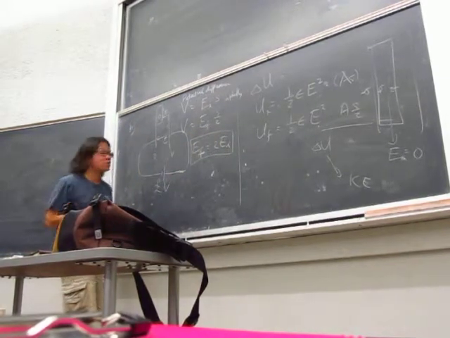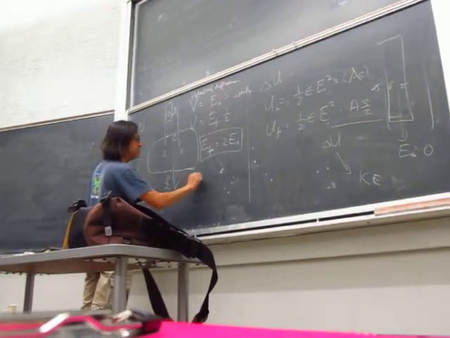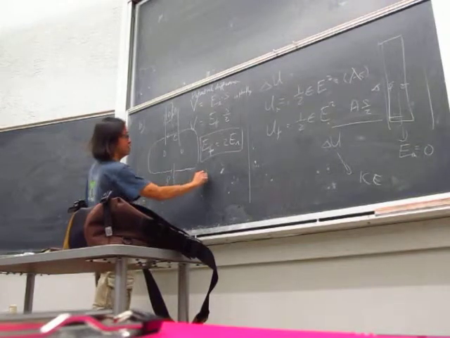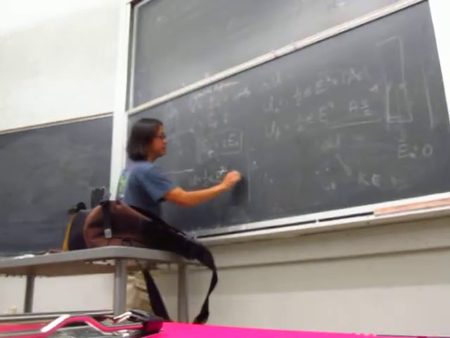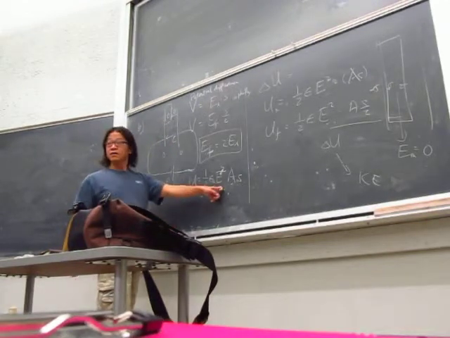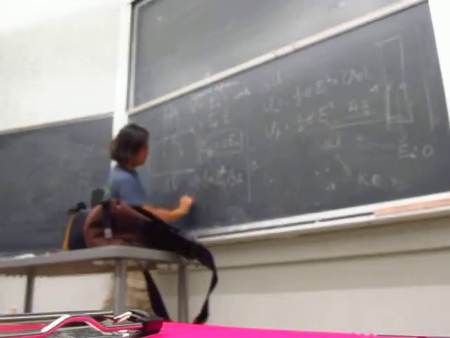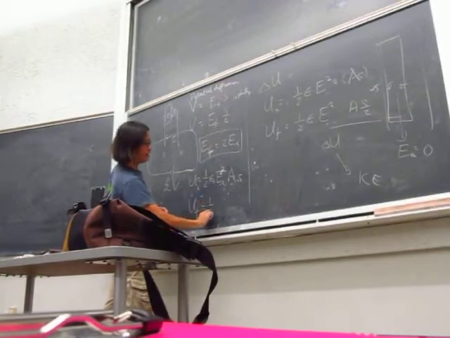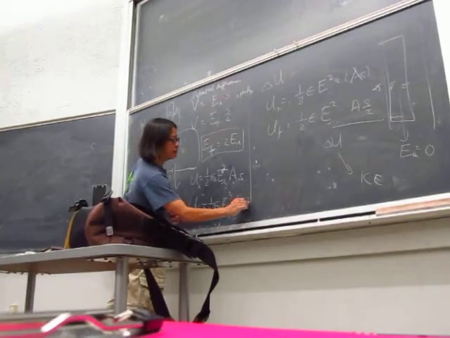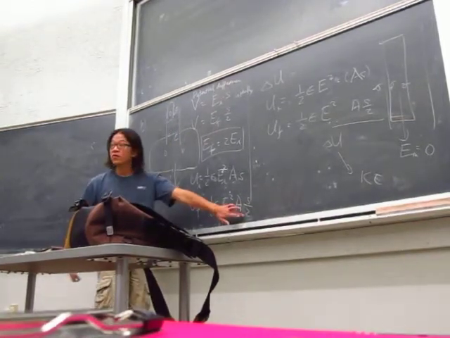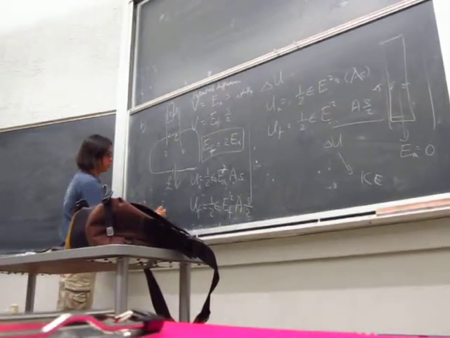What happens to the potential energy? The potential energy goes as 1/2 epsilon naught E squared times A times S initially, but in the final case, you have 1/2 epsilon naught E final squared times A S over 2. So the final energy is actually twice the initial energy.